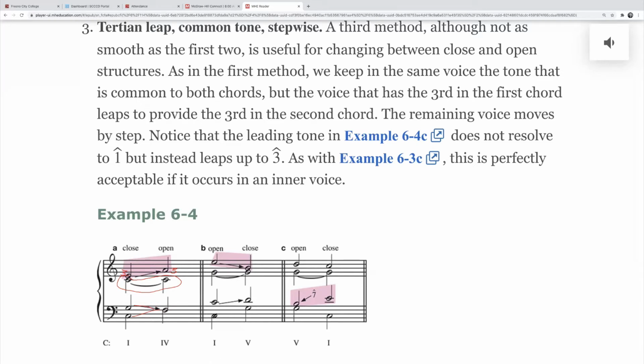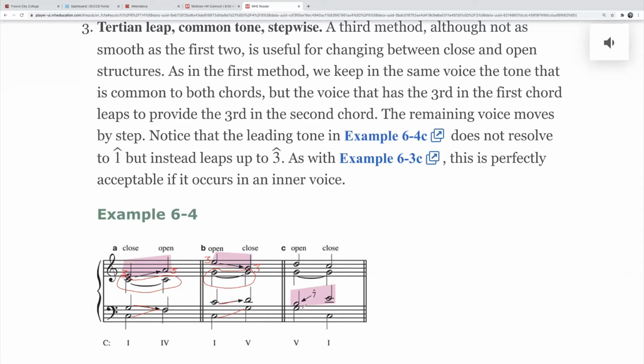In B, our bass moves up a fifth. The third of this note is E, which goes to the third of the new chord, which is B. We have our common tone in the alto. And we have stepwise motion in the tenor.